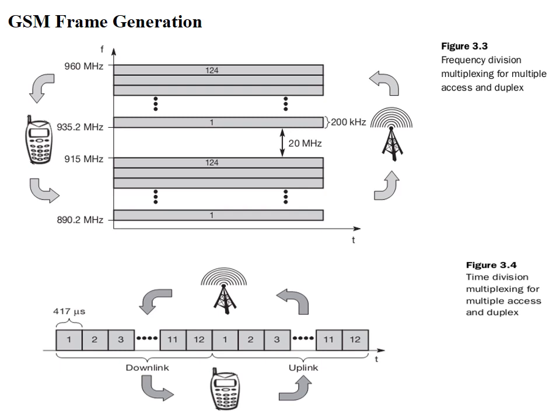So, all the uplinks use the band between 890.2 and 915 MHz, and all the downlinks use 935.2 to 960 MHz. In this, some guard space is also used.